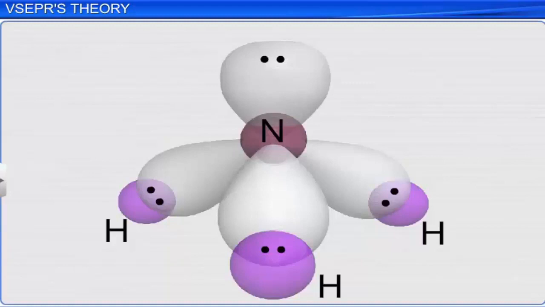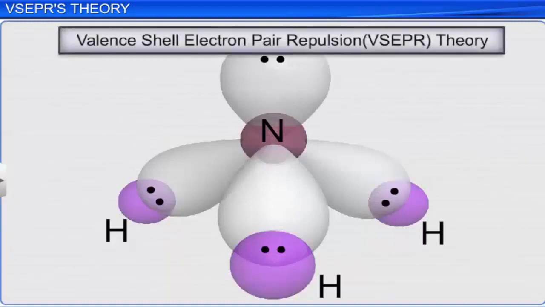This theory is named the valence shell electron pair repulsion theory, or the VSEPR theory. It was further developed and redefined by Gillespie and Nyholm in 1957.